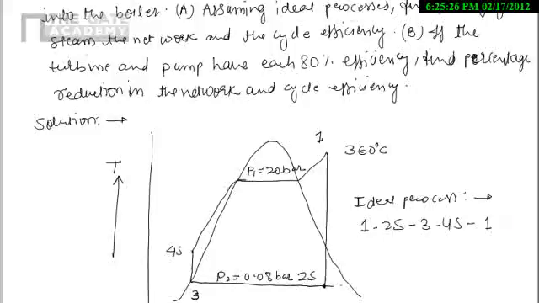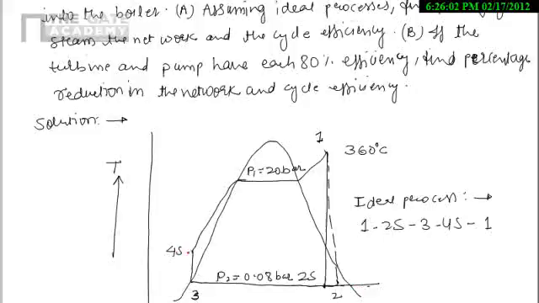So in turbine 1 to 2s is isentropic expansion, but every real process has greater entropy change. So the entropy will increase if we go from 1 to 2. So the curve will be coming like that. So 1 to 2 is the real process in steam turbine.